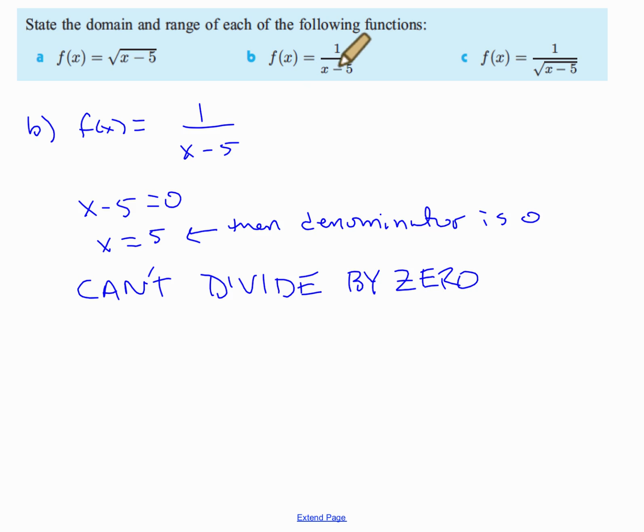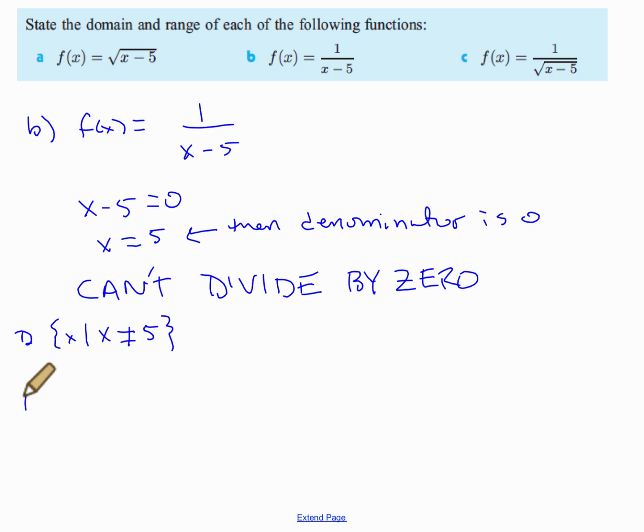If you think about it, every single other number we can take 1 and divide it by, except for 0. So that means that the domain would be the set of x such that x is not equal to 5. And that's good enough to put, because once we say x is not equal to 5, we know it includes all other numbers.